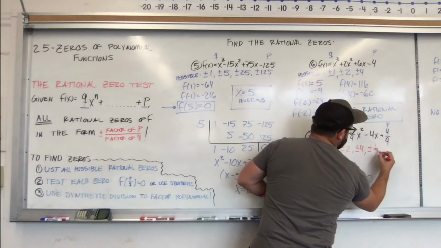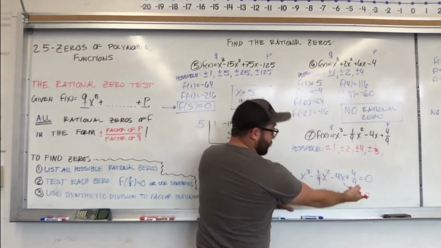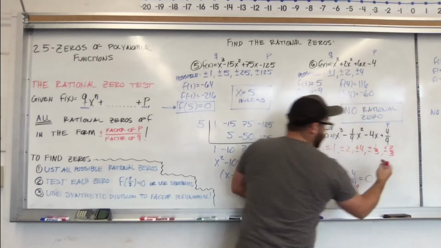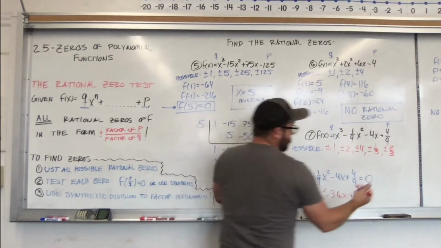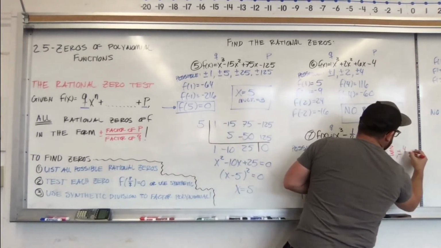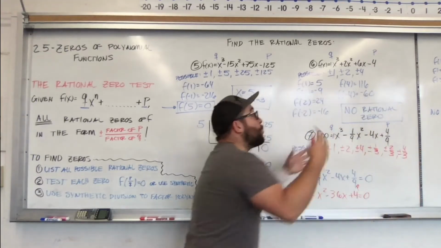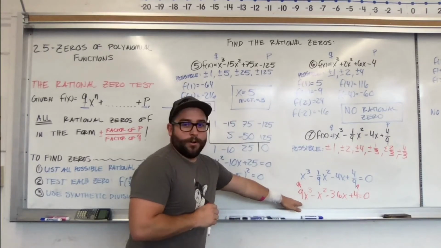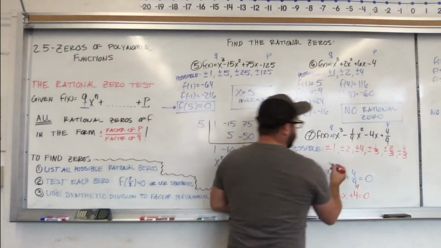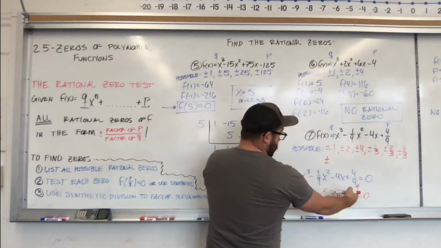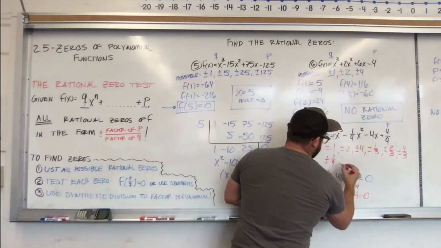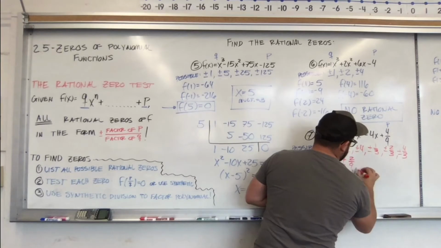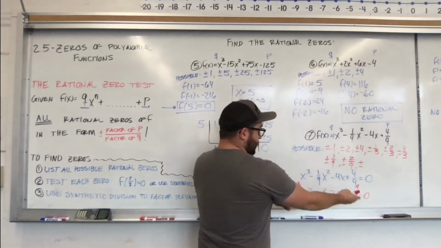So plus or minus 1/3. Plus or minus 2/3. And then plus or minus 4/3. And almost done, but a couple more, because now we need to do it one more time with everything over 9. So keep going: plus or minus 1/9, plus or minus 2/9, and plus or minus 4/9.